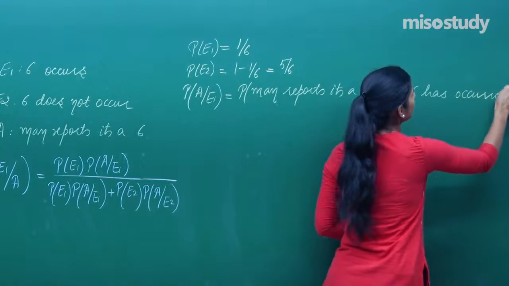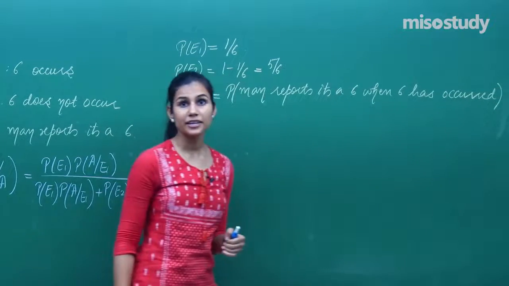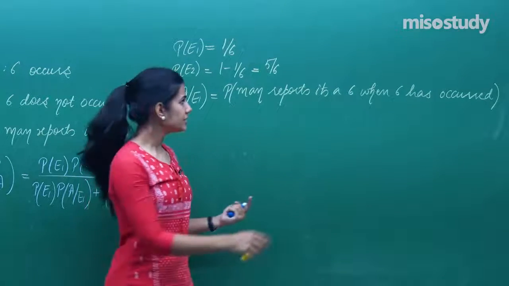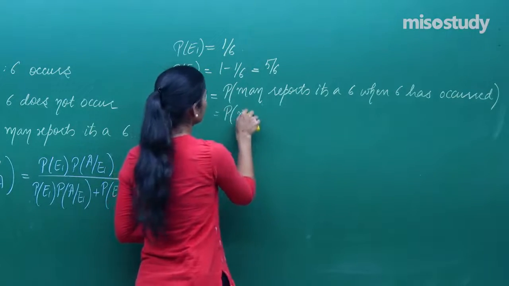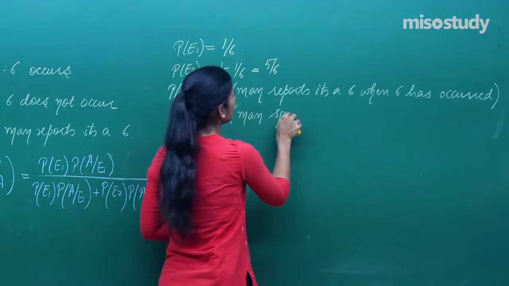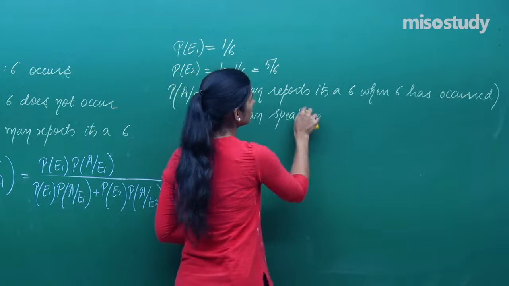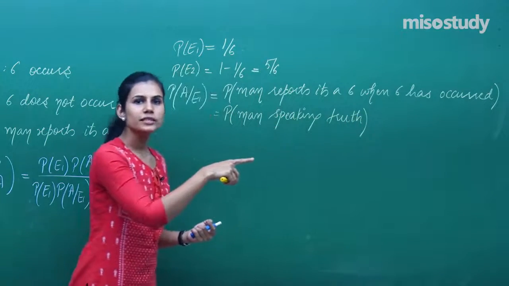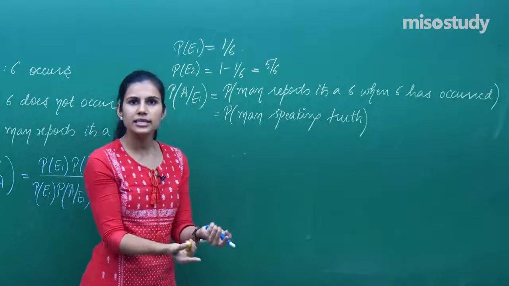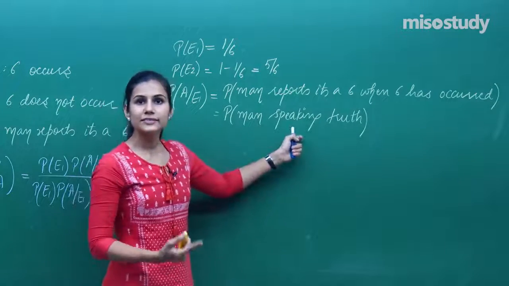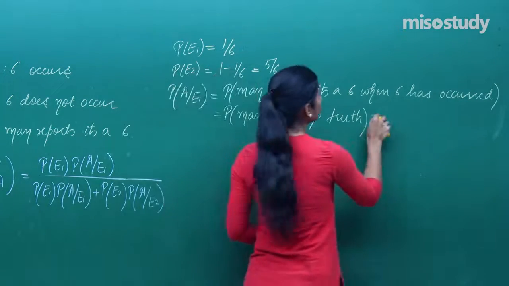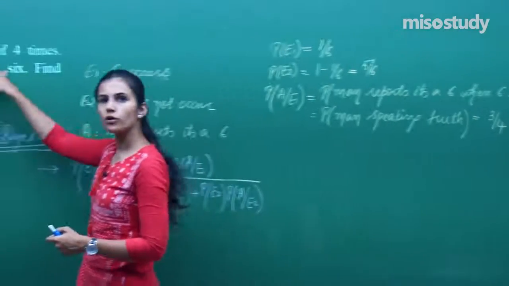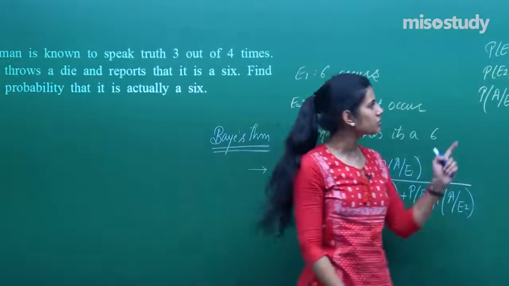When 6 has occurred and man is reporting it's a 6, that means what is the probability that man is speaking the truth? Isn't it? It is probability of man speaking the truth. That means if 6 has occurred, what are his chances that he is going to say that 6 has occurred? That means what are the chances that he will speak truth? That is given to you as 3 by 4. It's given to you that the man speaks truth 3 out of 4 times, so probability of him speaking the truth is 3 by 4.